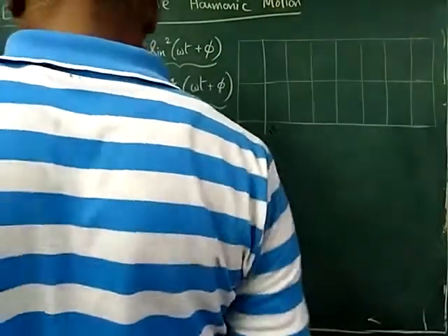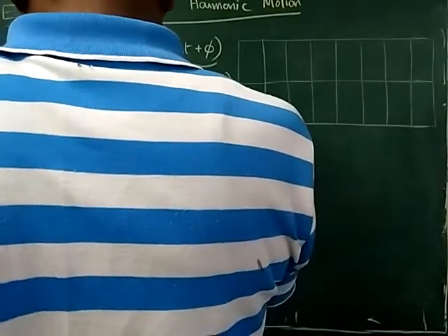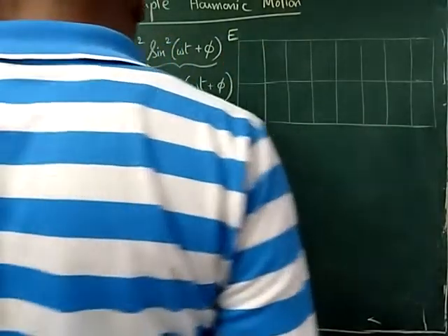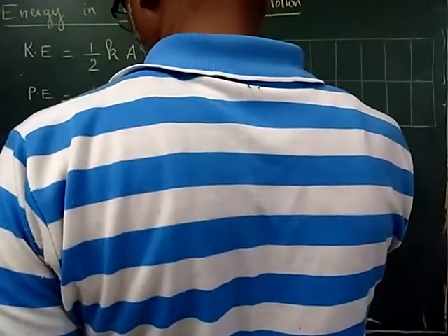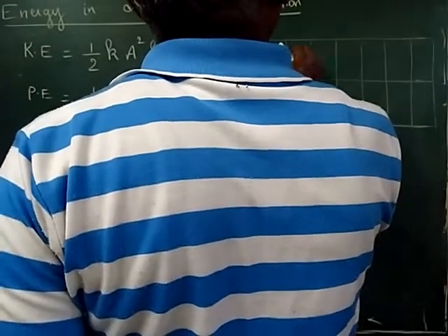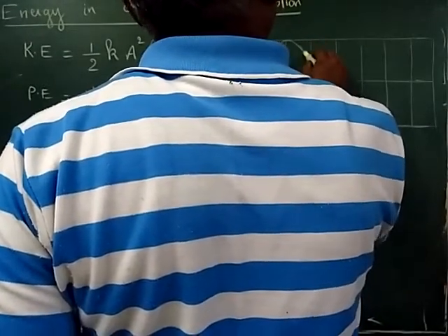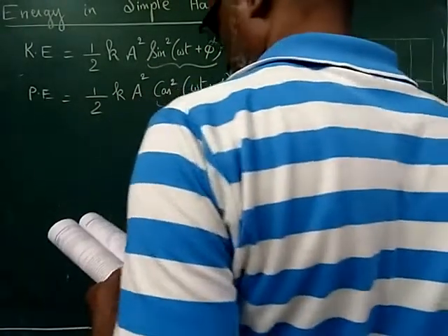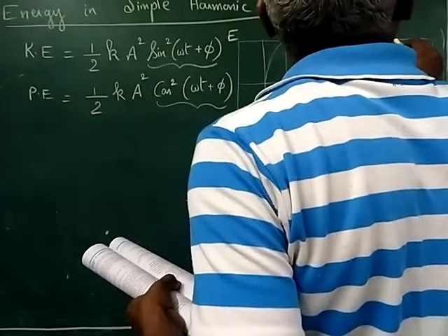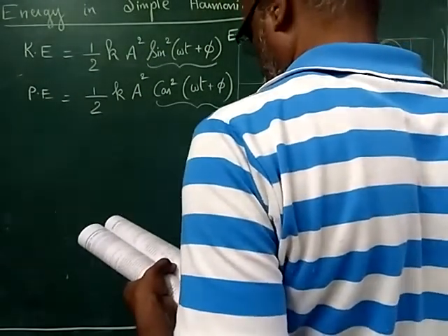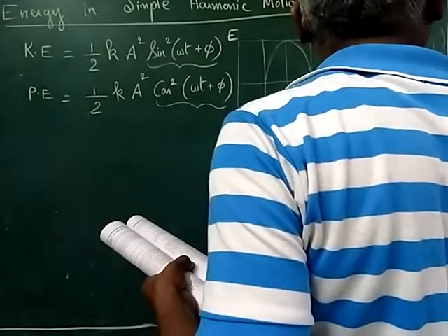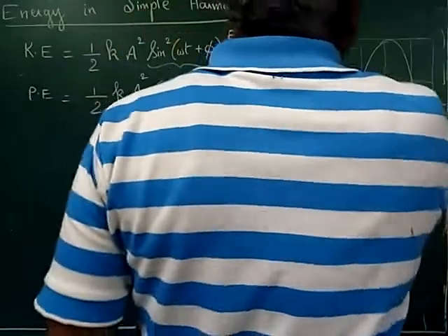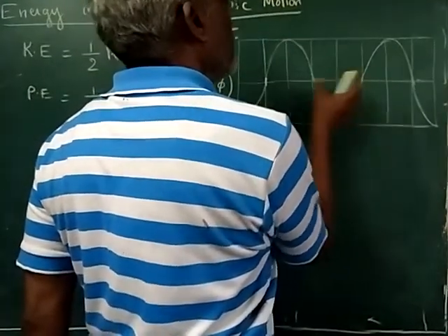This is 0. This is E. So this is one complete cycle from here to here.